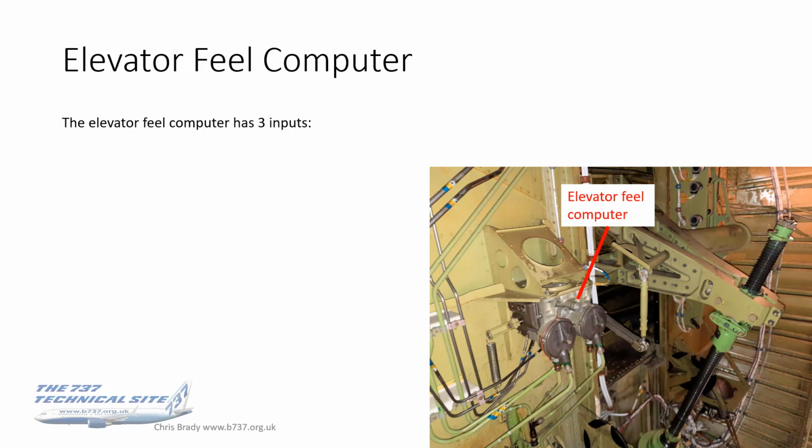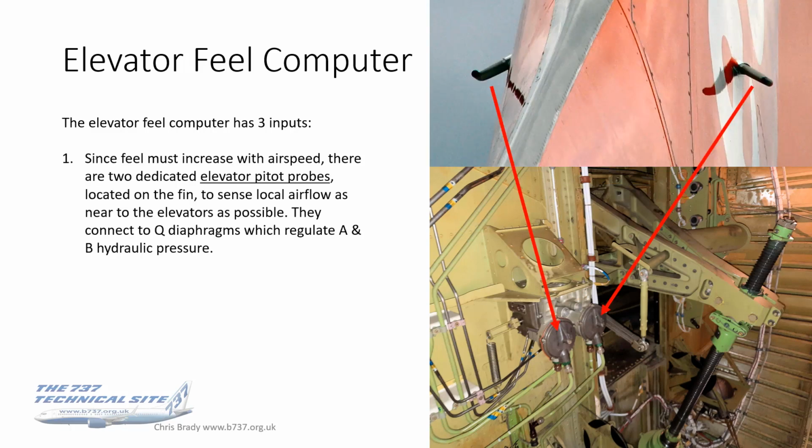There are three inputs to the elevator feel computer. The first you probably know. It's the elevator pitot probes up there on the fin. Since feel must increase with airspeed, that's logical. That's what it does on conventional or light aircraft: the controls get heavier with airspeed. That's what Boeing's trying to replicate for us, and this is how it does it.